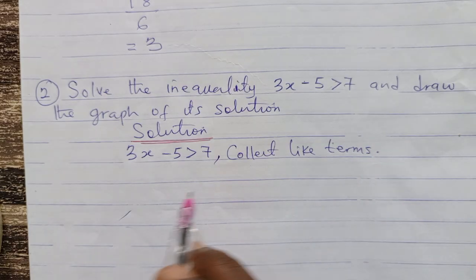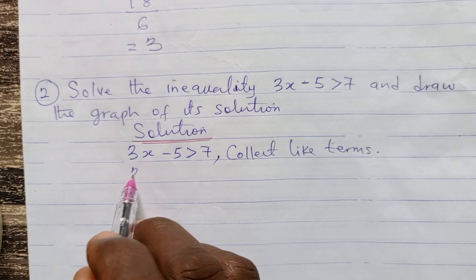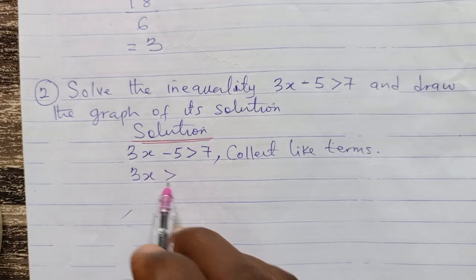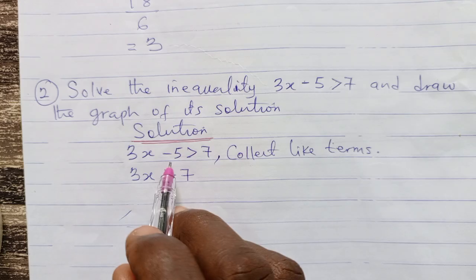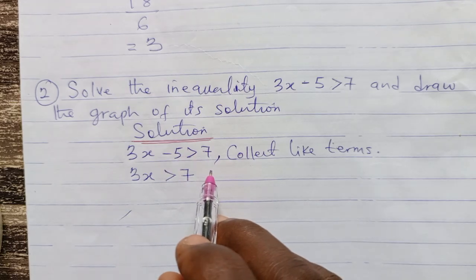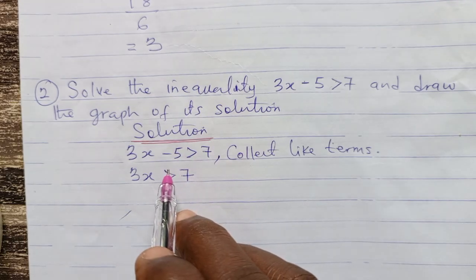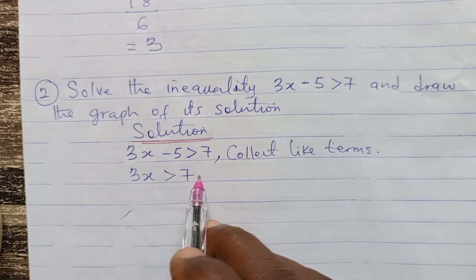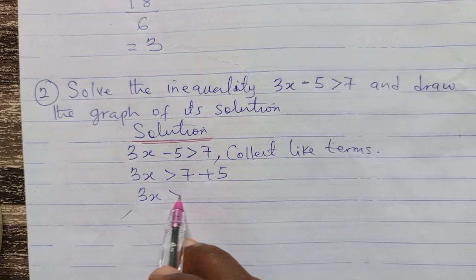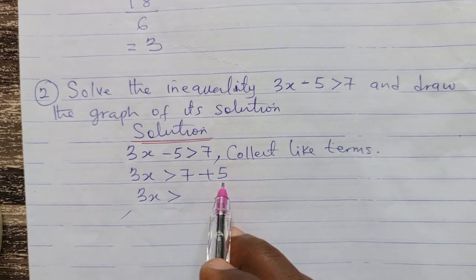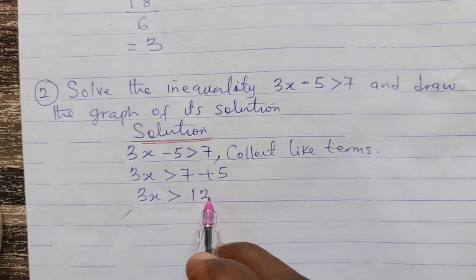Okay, so when you collect like terms, what happens? You have 3x is greater than 7. Then this minus 5 will cross over to the other side, and the sign will change from what? From negative 5 to positive 5. That will give us 3x is greater than 7 plus 5, is what? Is 12.